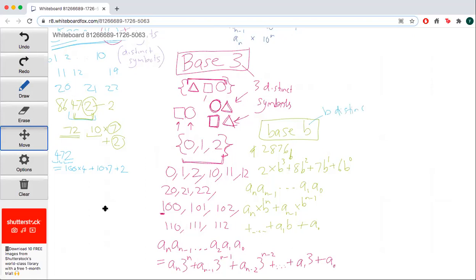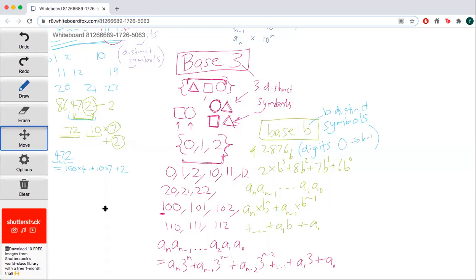So if we're going to use the same digits that we're already used to, 0 to 9, then that means that the digits go from 0 to B minus 1.